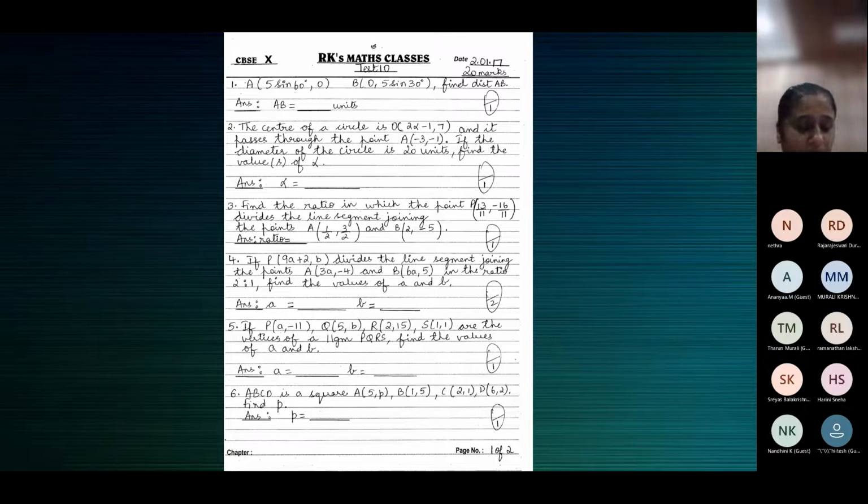Please come again. Ma'am, I said A is equal to 4 and B is equal to 3, ma'am. For the fifth one, A is 4, B is 3. Correct. Perfect. A is 4 and B is 3. Very good.